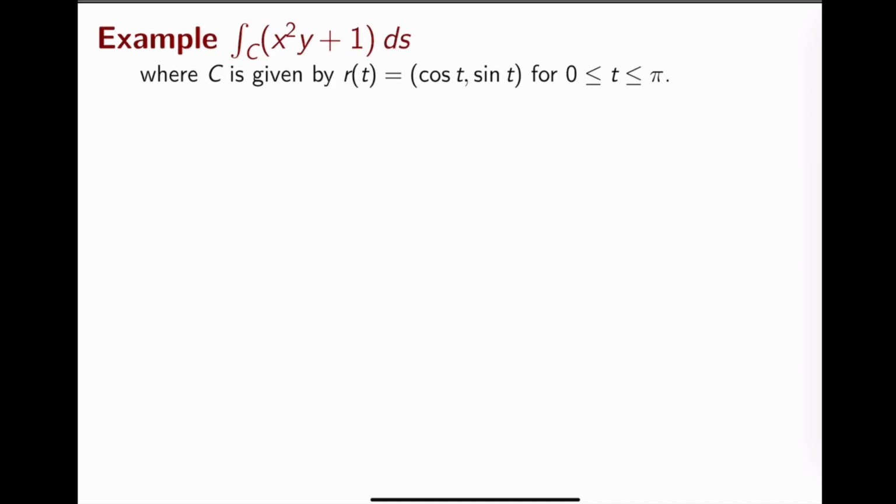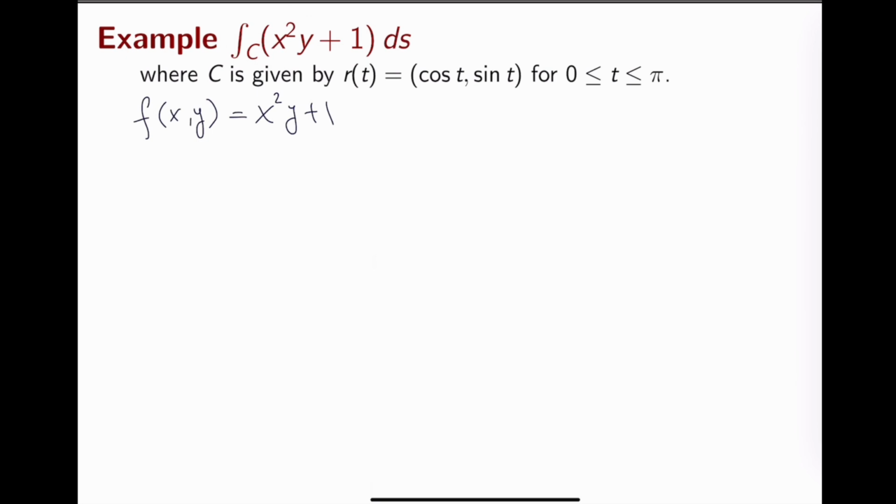For example, let's calculate the line integral of this function over this curve. In this case, the function that we are integrating is a function from R2 to R, such that to each value of (x, y) it assigns x squared y plus 1, right? So this is what this function f is.